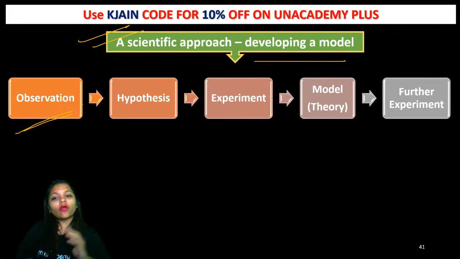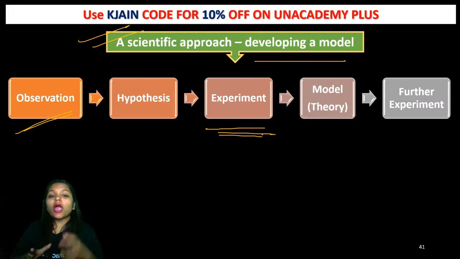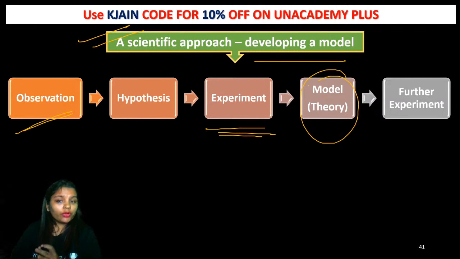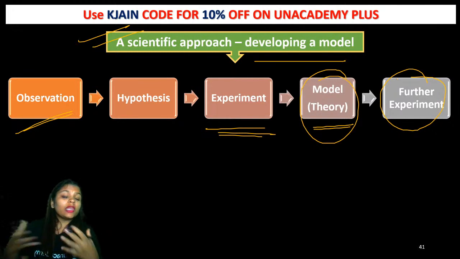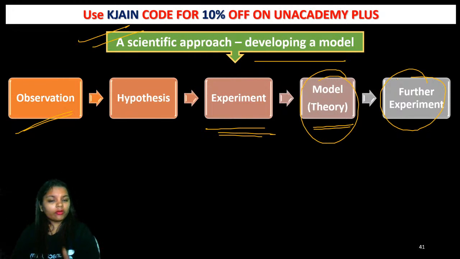Then, according to your hypothesis, you perform another experiment. If that experiment's observation matches your ideas, then you develop a theory. You give some laws, some theories. Based on those theories you do further experiments to check the reliability of your theories, whether your theory is valid or not.